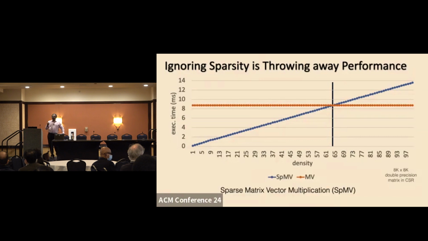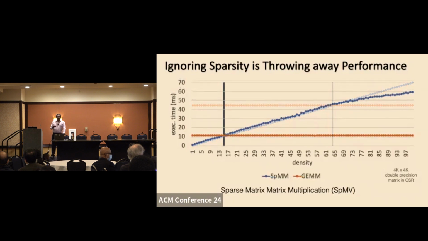If you use sparse data structures and sparse matrix vector multiply, what happens is if the data is very dense, the sparse data structure is complicated, the sparse matrix vector multiply has overhead, so you are slow. But at some point you break even. And then if you have a lot of sparsity, you have almost linear speedups as sparsity increases.